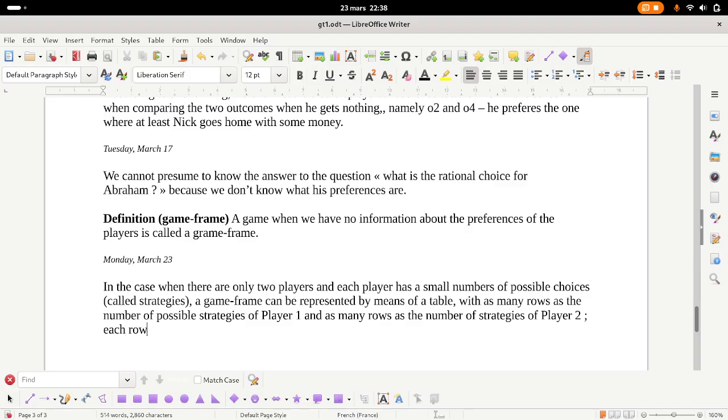Each row is labeled with one strategy of player 1 and each column with one strategy of player 2.